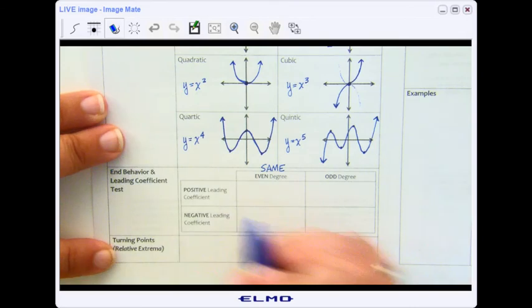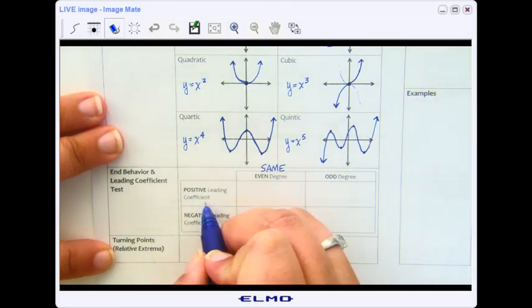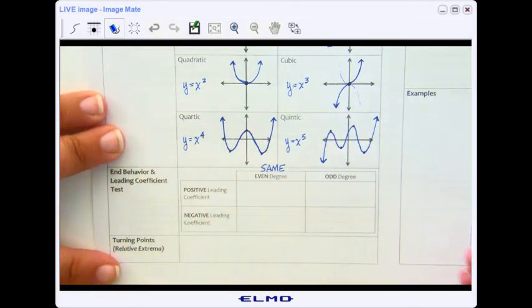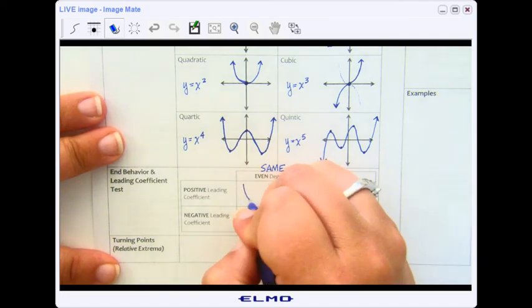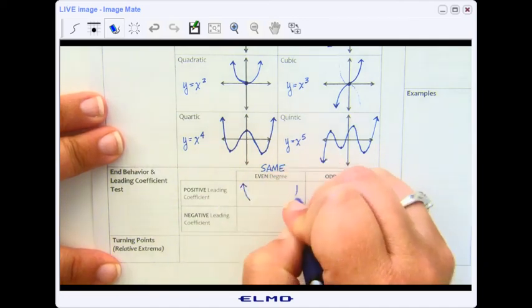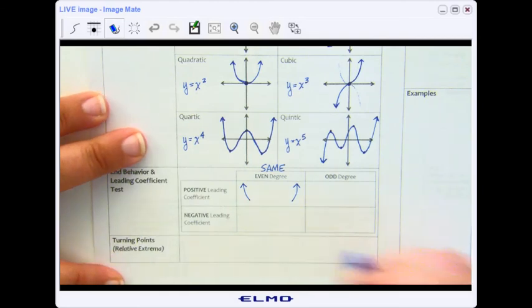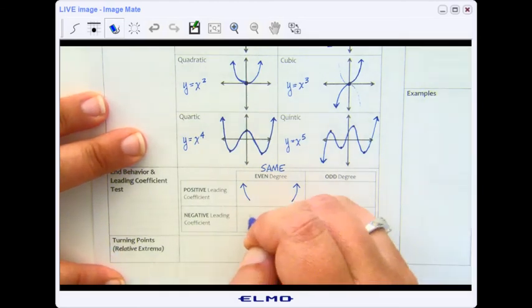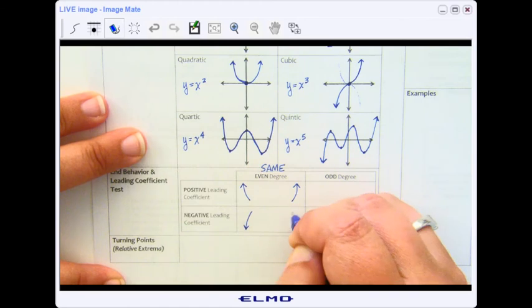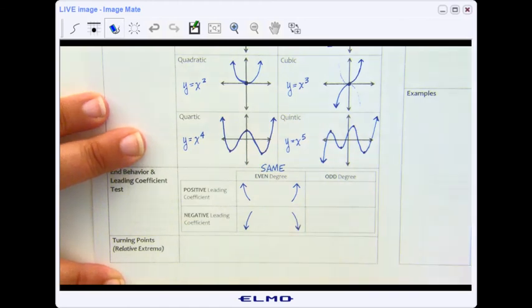If your leading coefficient is positive, then the ends of your graph are going to go up. If the ends of your graph are going down, then that means the leading coefficient is negative.